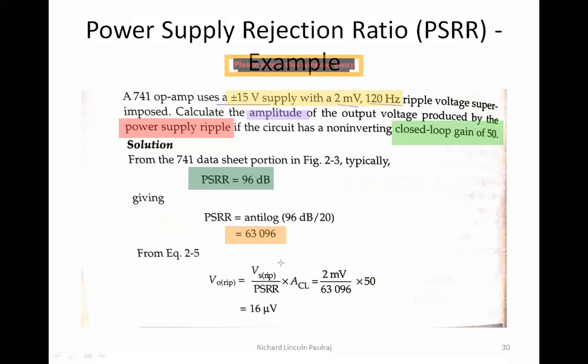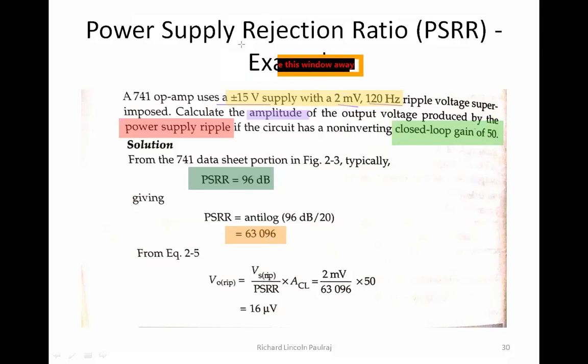And here V_S,rip means this is my supply voltage in ripple format. And PSRR, we are going to get the value of PSRR, and ACL is anyway given here, which is 50. So I'm taking the 2 millivolts, which is already mentioned.